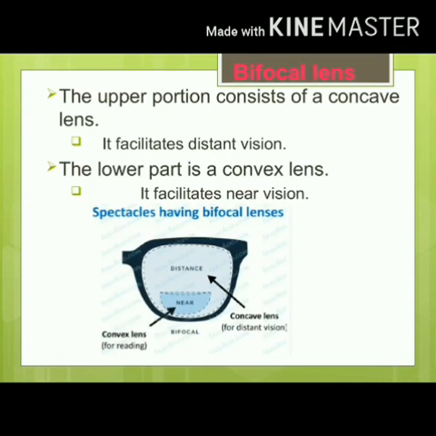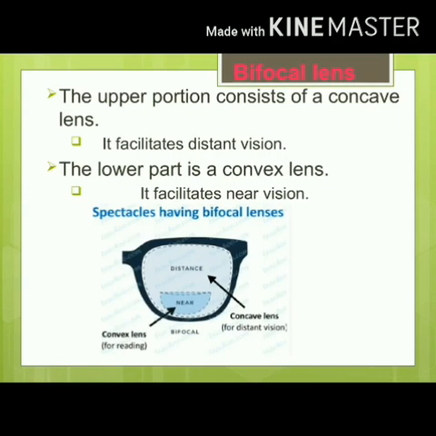So here we need to fit the convex lens at the lower part of the specs, so that when we bend our neck, when we bend our face to see something, our eye should be able to go through the convex lens which is attached at the lower part of the specs.